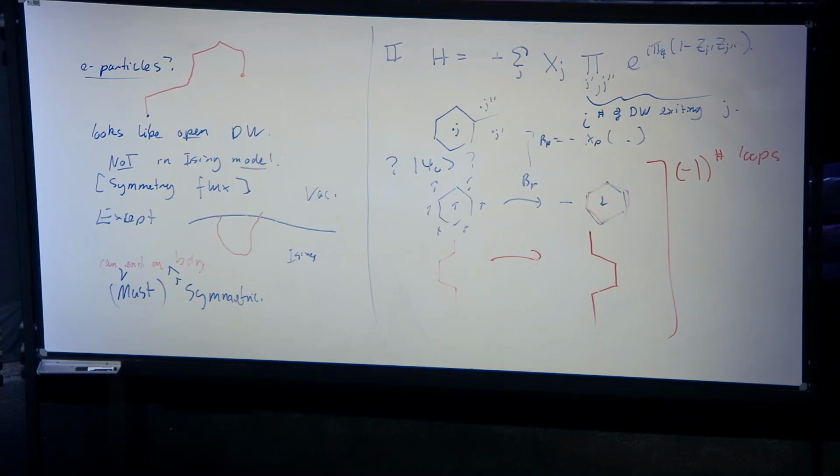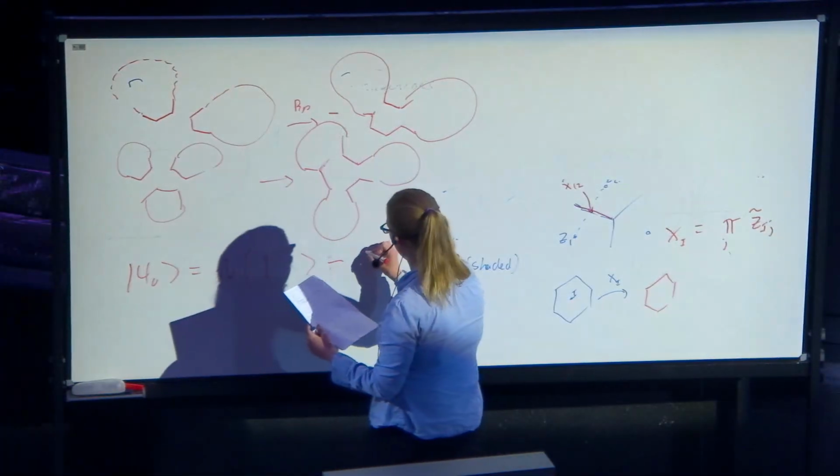Here I changed the number of loops from 3 to 1, so I killed 2 loops. So every time I add or remove a loop, I get a minus sign. Okay, so that's the structure of this state. It looks a lot like the toric code, except it's got some minus signs.